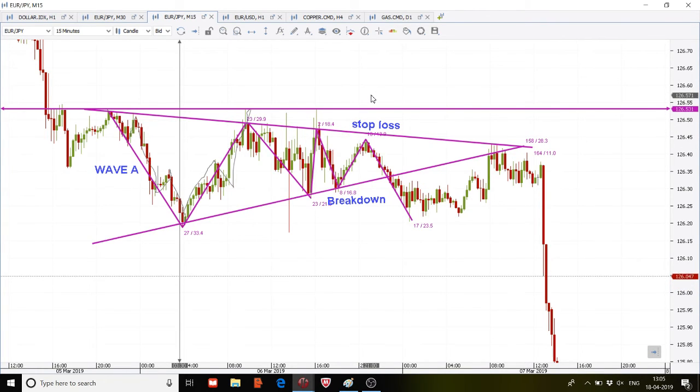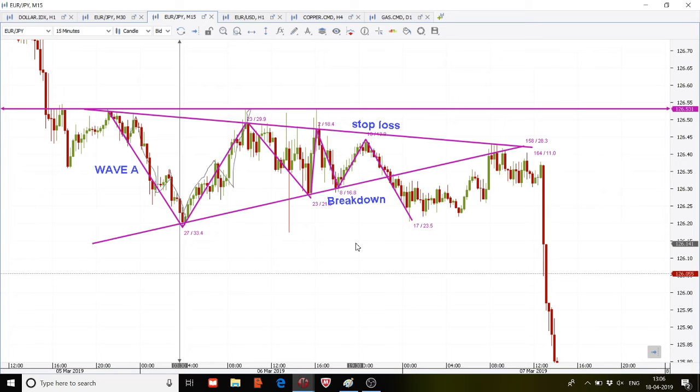And Euro JPY is a fast moving instrument, so keep in mind that you will need to keep a minimum 50 pip stop loss. Suppose you are keeping the pending entry order here at this level, 126.3, then your stop loss will be around 126.5. Then it will be very safe for you, because this is a very fast moving instrument and it has a daily range of around 50 to 100 pips.